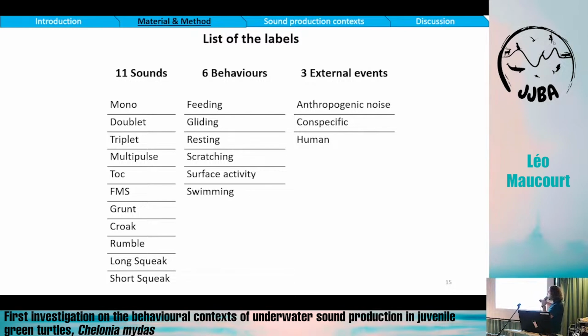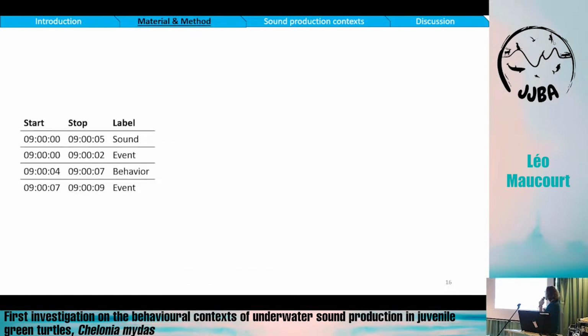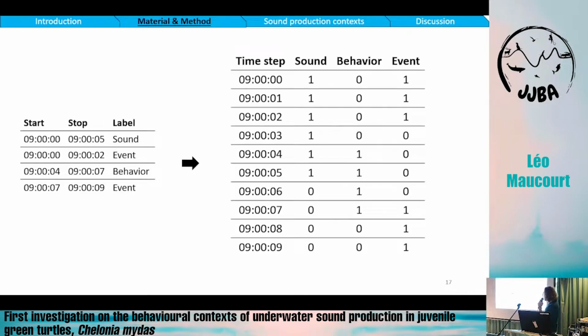So 11 labels of sound, 6 labels of behavior, and 3 external event labels, in order to understand the context of sound production. All these labels are defined by a start and a stop, so I have the duration for each sound and each event of my record. Then I translate this duration thanks to the Miconi method, consisting in cutting a day into 1 second sequences.